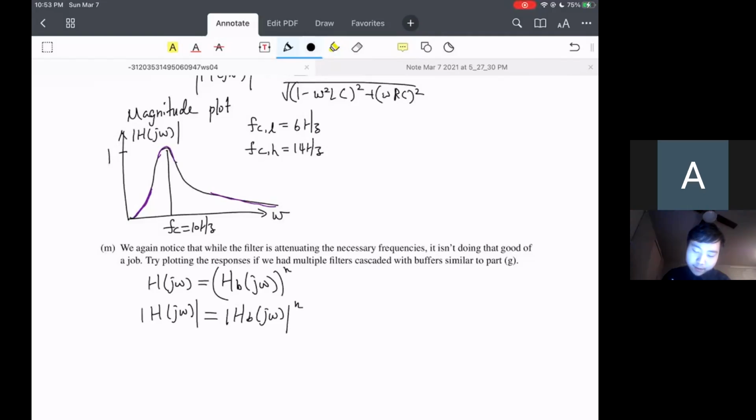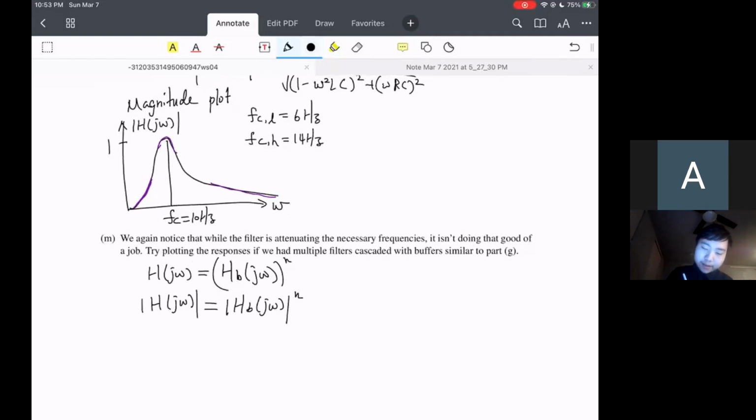Okay, and we notice that if you look at the magnitude plot on the top, this diagram, we see that each of the magnitudes at every single frequency is not going to be greater than 1. Okay, so the higher power we take, the lower the value is going to be. If you think about it, the slope of this function is going to look even steeper.